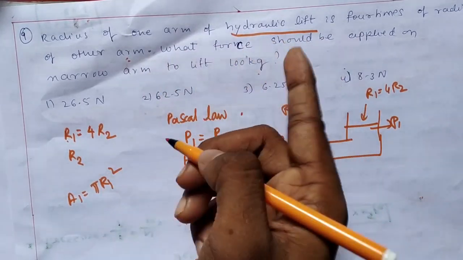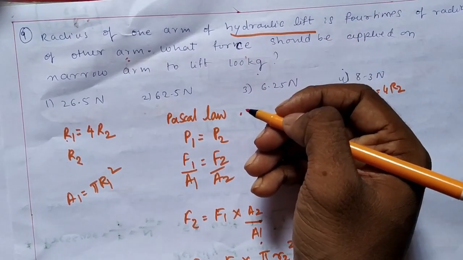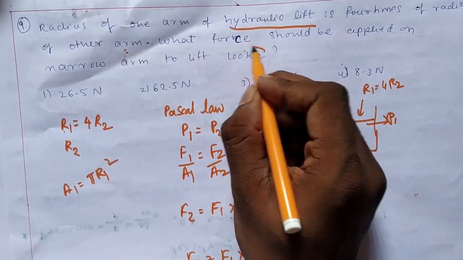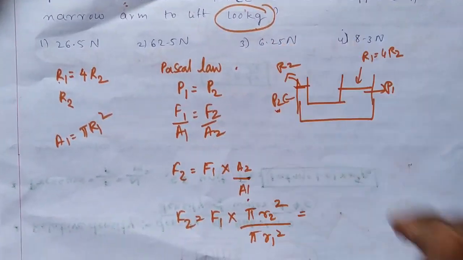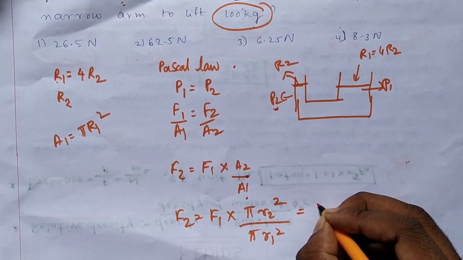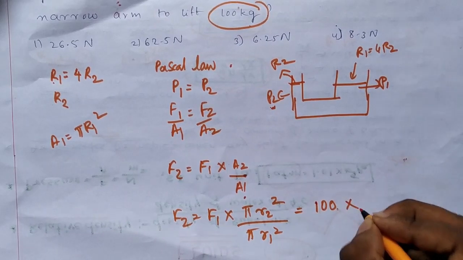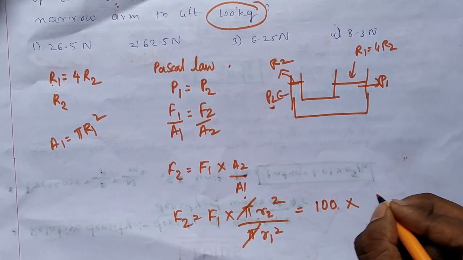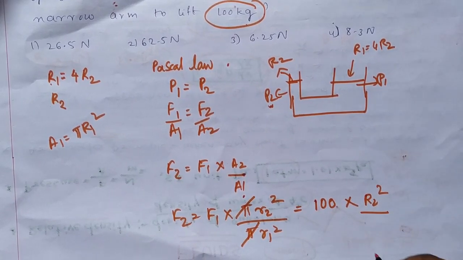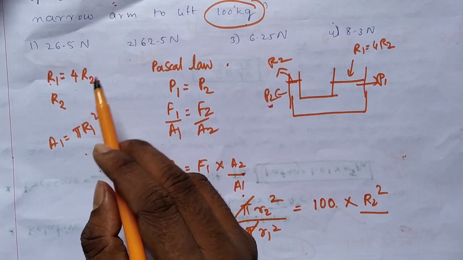See here, the radius is increased by 4 times, and they have given a weight of 100 kg. 100 kg weight means you can convert it into kg weight, that means it becomes force. So it is 100 into, this pi gets cancelled, it becomes R2 square, but R1 is 4 times R2, isn't it?